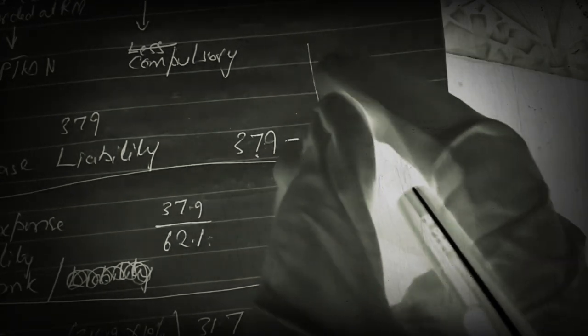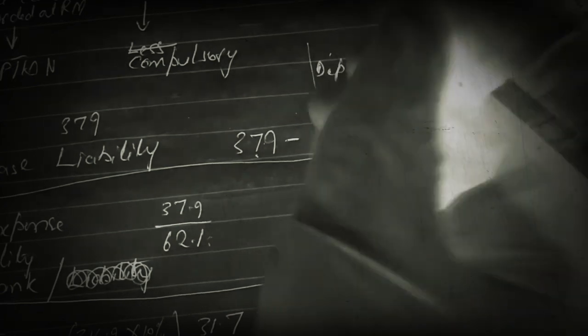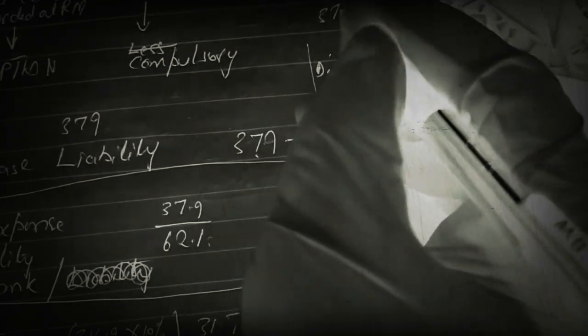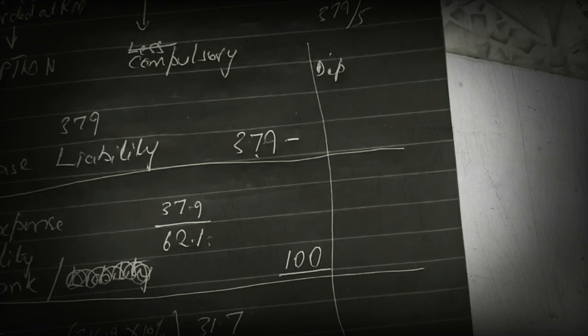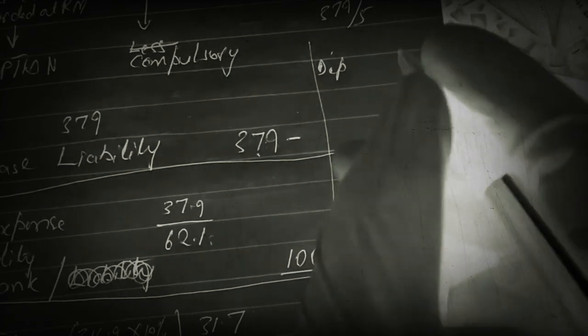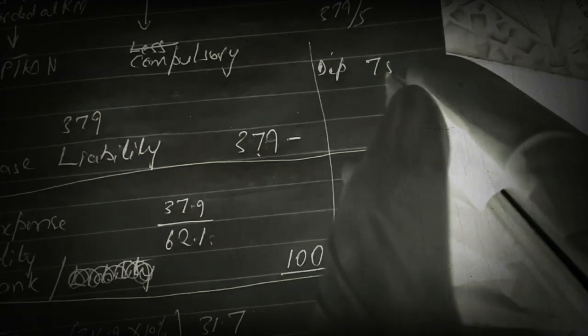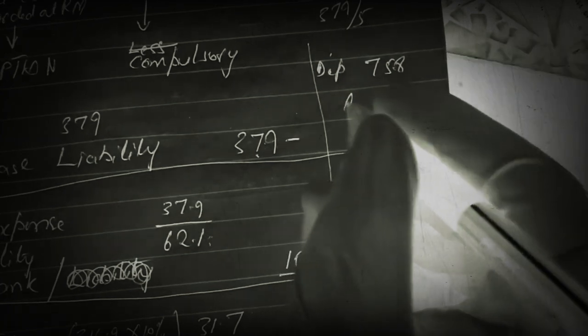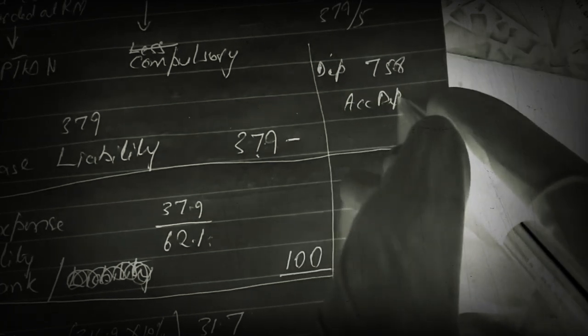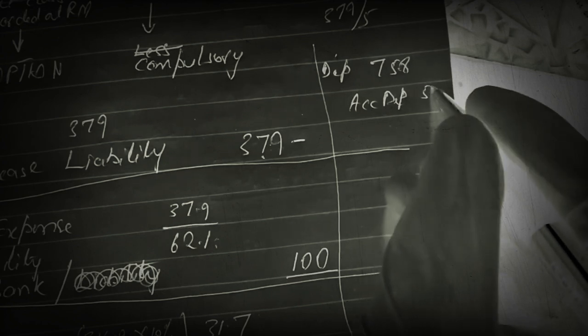We have to debit the depreciation expense by what amount? 379 over 5, and it is $75.8. So depreciation expense would be debited by $75.8, and accumulated depreciation will be credited by $75.8.